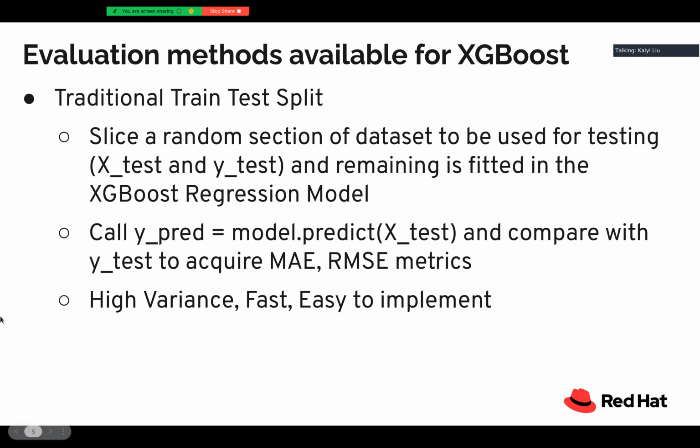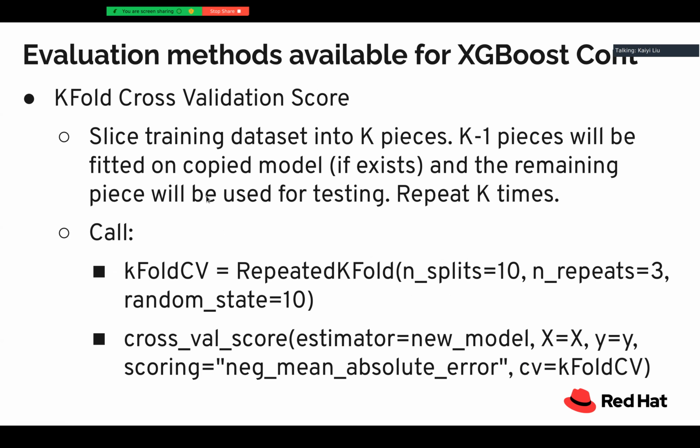So the other option is to use k-fold cross-validation score. You would slice the data set into k pieces. K minus one of those pieces will be fitted on a copied model, and the remaining piece will be used for testing. You would repeat this k times, once for each of the slices to be the testing data set.